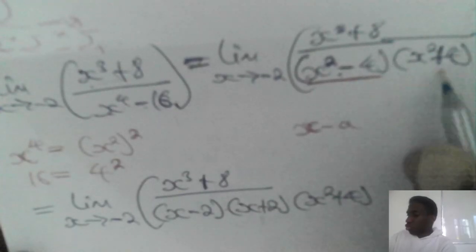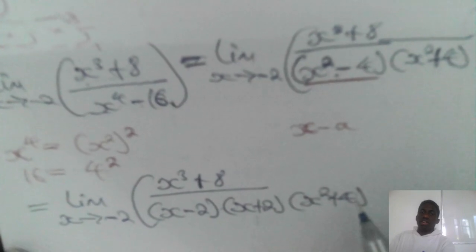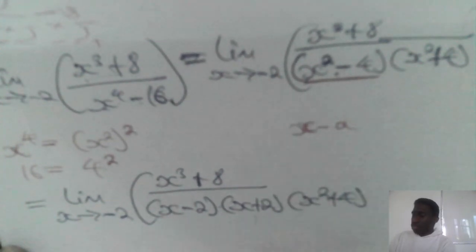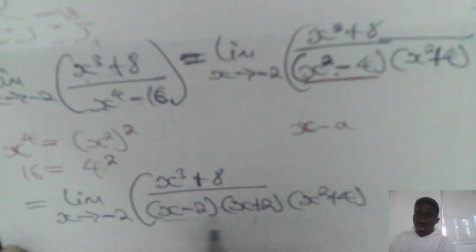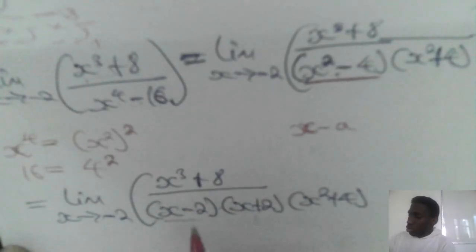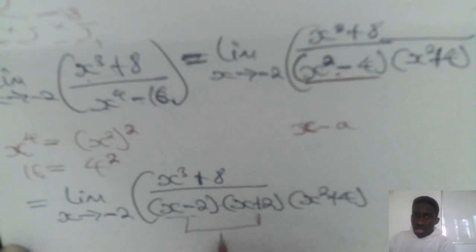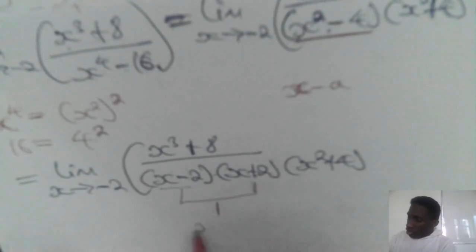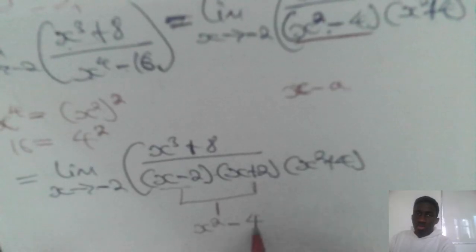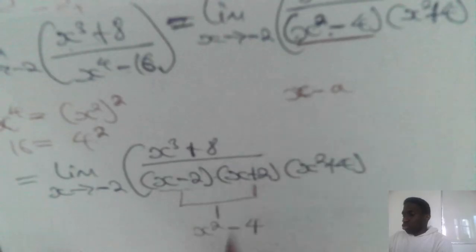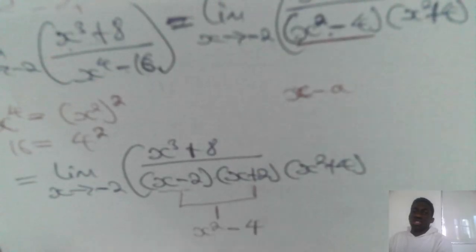This x squared plus 4 is still there, but these two form the x squared minus 4. So it has been broken down again, x minus 2, x plus 2, from the difference of 2 squares.